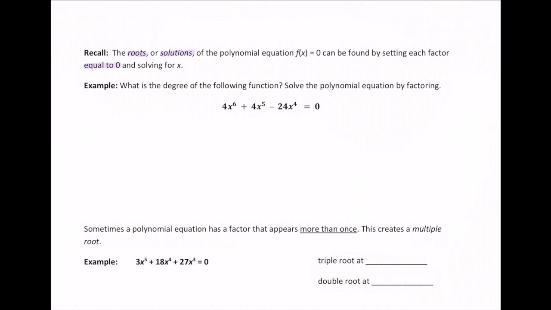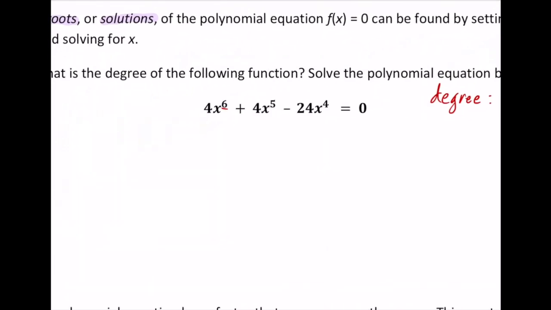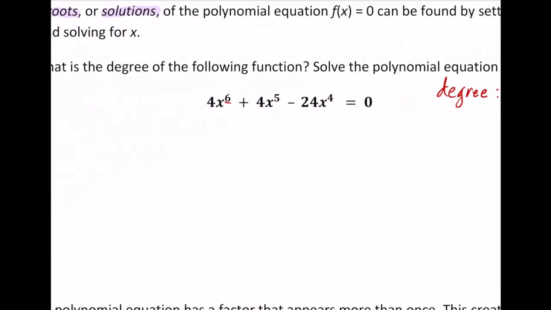So let's do this example. Our degree of this polynomial is 6, because that's our highest exponent. And we want to go ahead and solve it. We want to factor it. So let's look at what these 3 terms have in common.